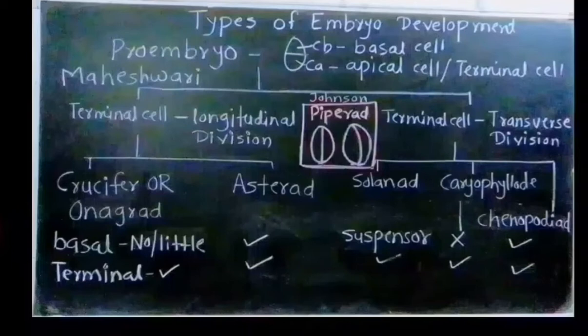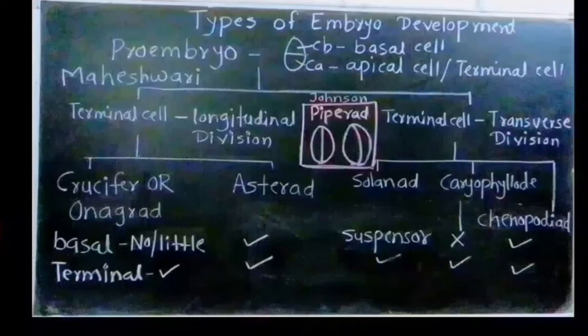The terminal cell is entirely responsible for the development of the embryo. Then in the asterad, the basal cell as well as the terminal cell plays an important role. So on the basis of how the basal cell behaves, he distinguishes the crucifer and the asterad.